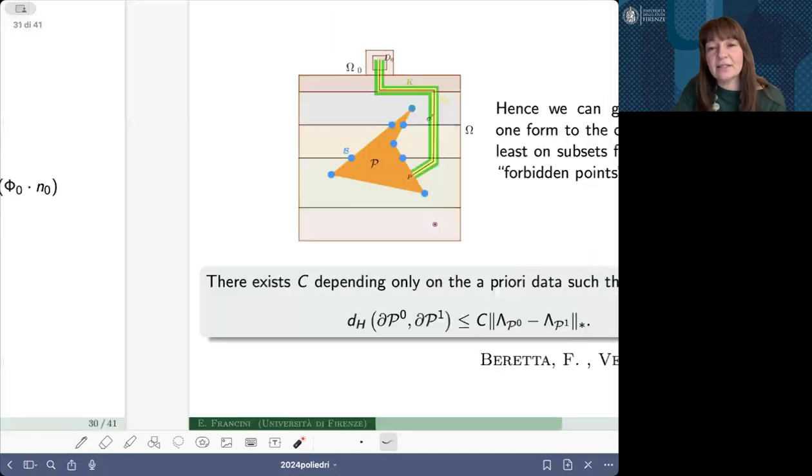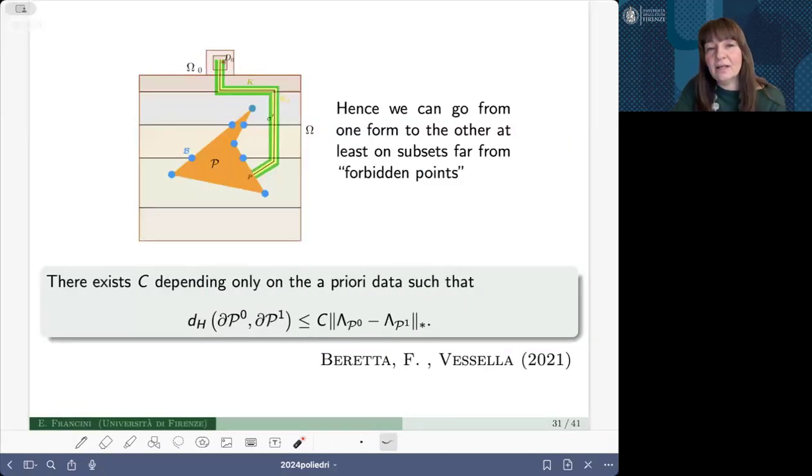And so the idea is that when you want to prove a bound from below of this derivative, and you want to move your singularities from outside the domain inside, you just need to avoid the points in which you cannot perform integration by part.